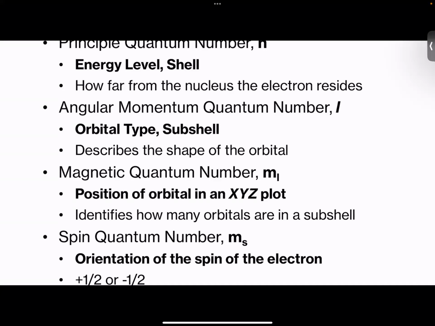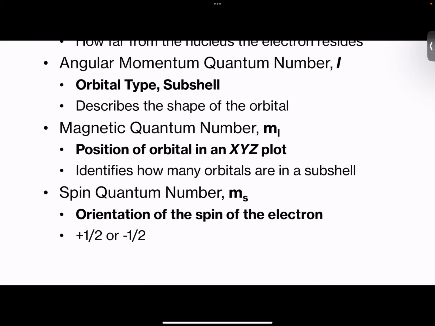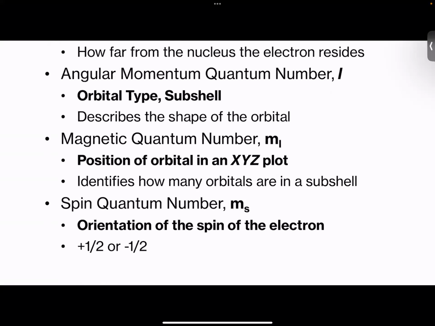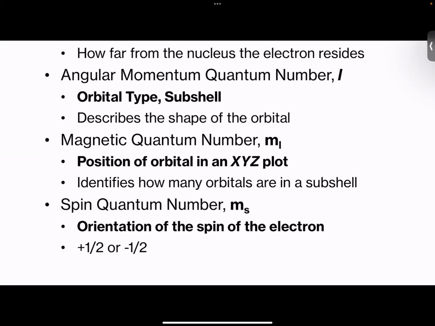Now, the last quantum number is not a result of the Schrödinger equation. It's actually the result of what we will call the Pauli exclusion principle. Basically, the Pauli exclusion principle says no two electrons can have the exact same four quantum numbers.